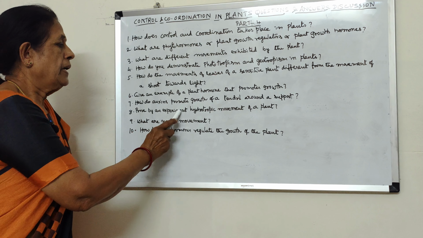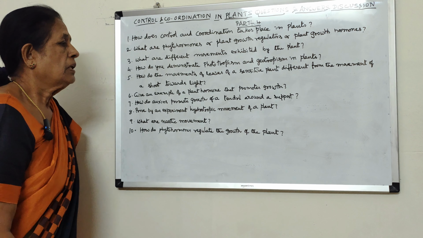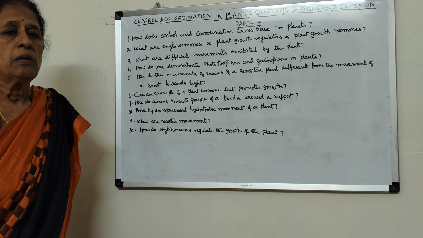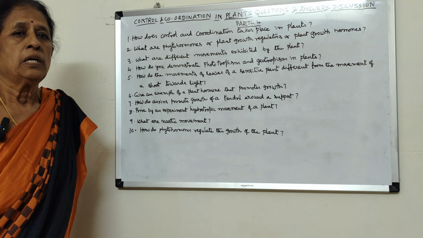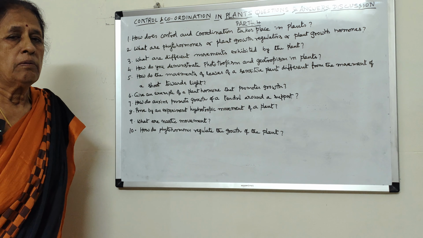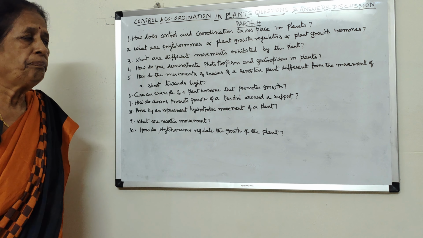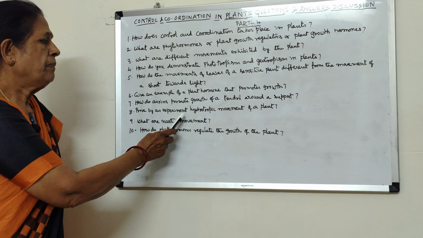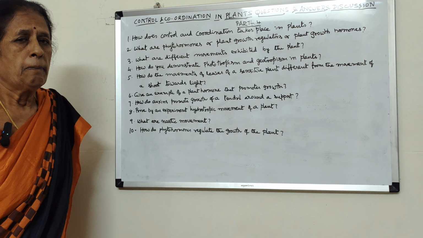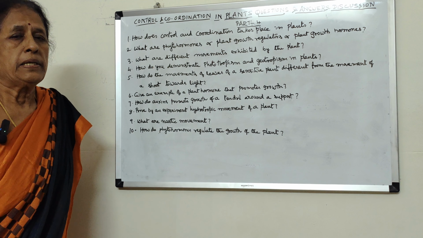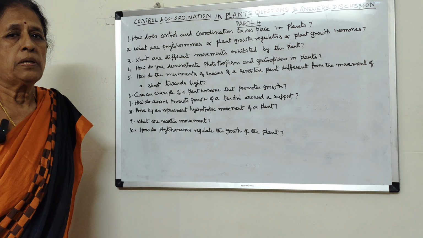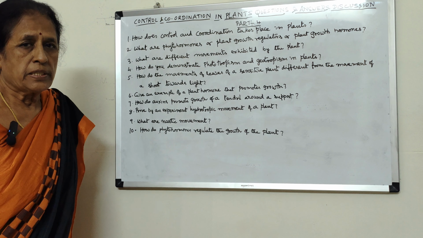Okay, prove by an experiment the hydrotropic movement of a plant. Hydrotropic movement means growth of the roots towards water, where there is availability of water. For this activity, the aim is to prove hydrotropic movement of a plant. Materials required: a container with soil, a porous pot and bean seeds.